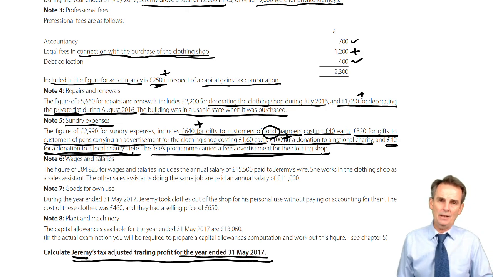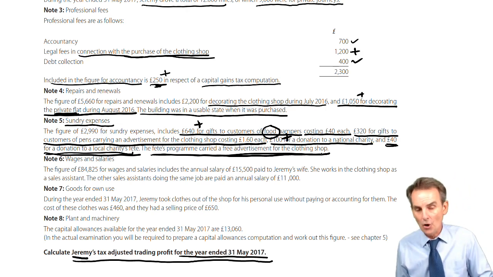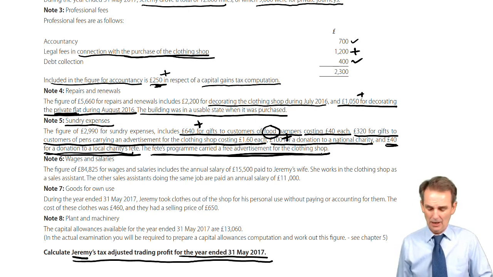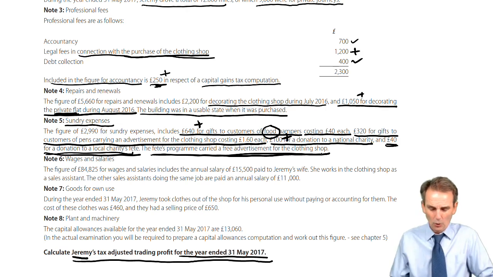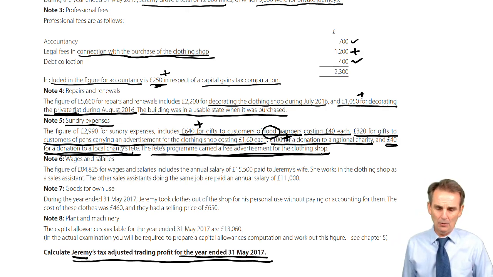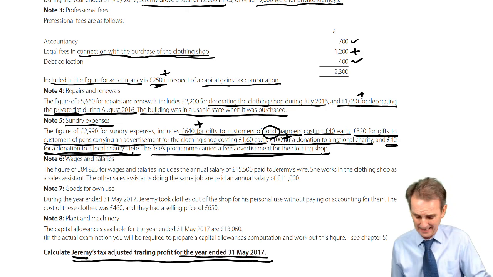If it was paid under gift aid, it's separately dealt with as we saw in Chapter 2. It's not a trading expense, and on that basis, it would be added back. So watch out for that one. Typical little ploy, tell you all the stuff that would make it allowable, but then tell you that it was paid under the gift aid system, not therefore allowable, add it back.